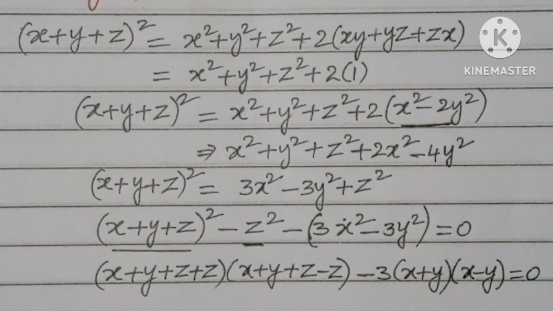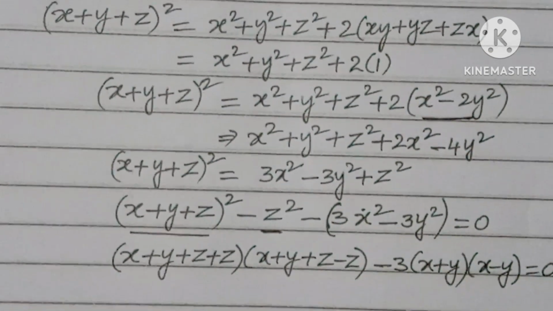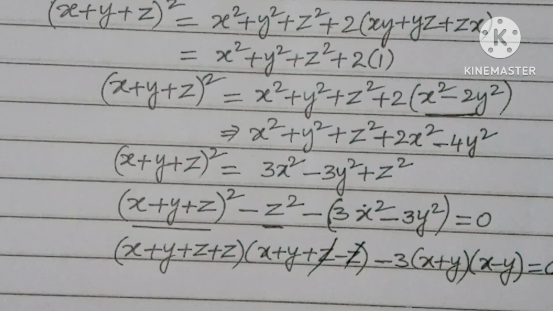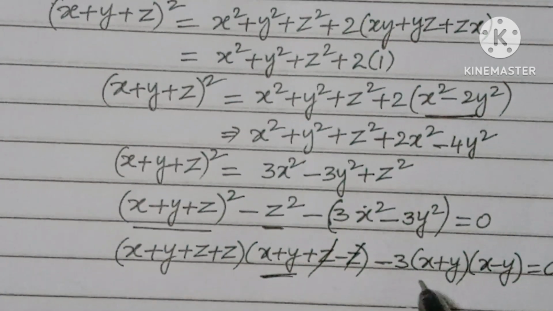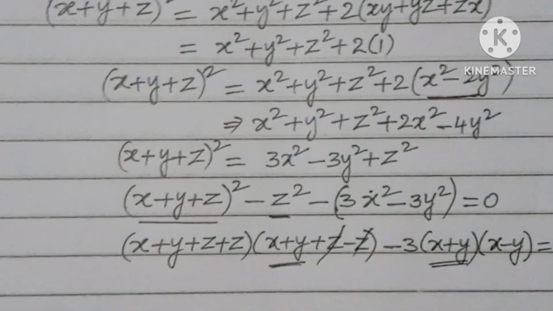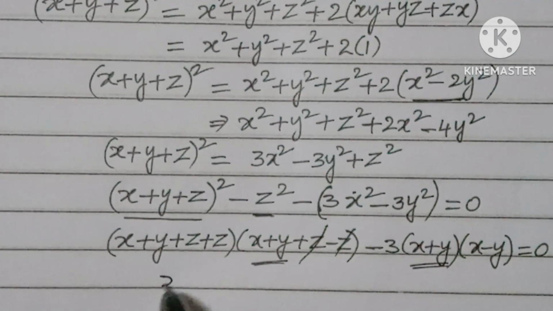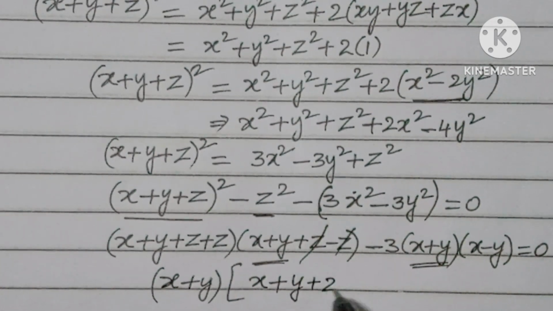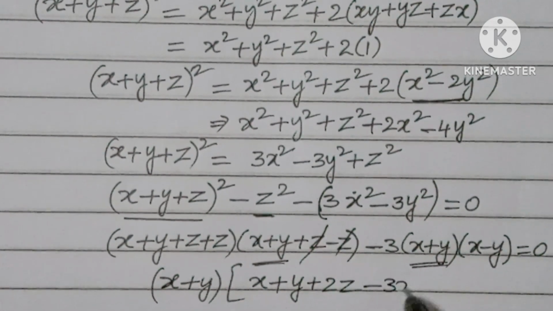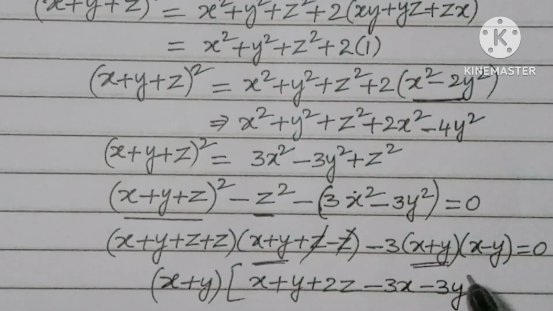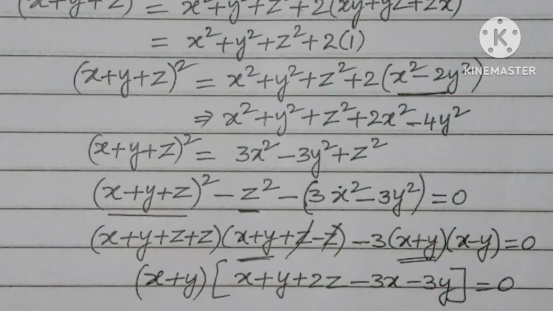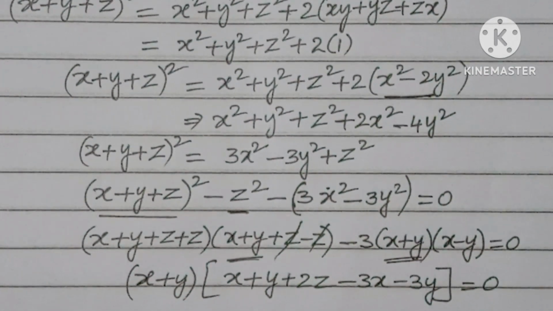So here z gets cancelled, plus z minus z. You can take x plus y common. x plus y into x plus y plus 2z minus 3x minus 3y equal to 0.